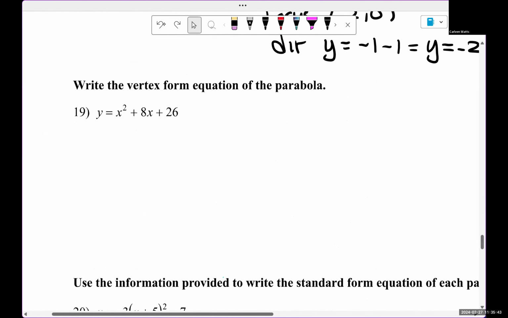Okay, write the vertex form equation of the parabola. 2 ways to do it. One, complete the square, and the other is use the formula. Oh, we don't have to find the quadratic formula. It's easier than that.